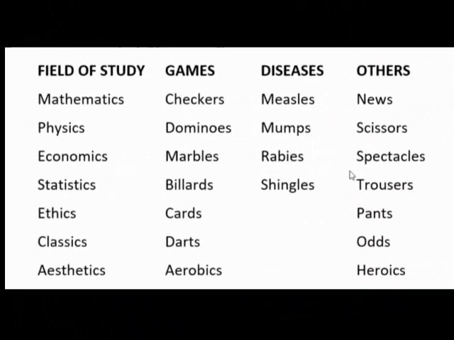For us to understand these pluralia tantum easily, we try to classify them into 4. We talk about field of study, games, diseases, and other words that fall under this category. Under field of study, we have words like mathematics, physics, economics, statistics, ethics, classics, and aesthetics.